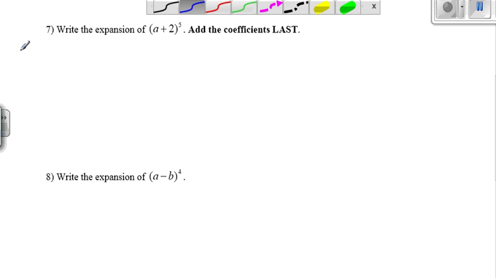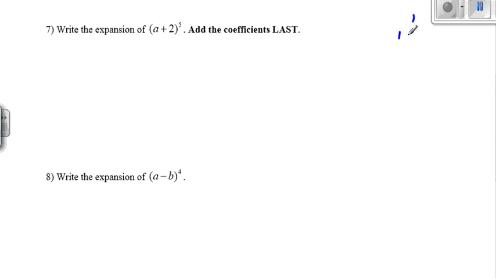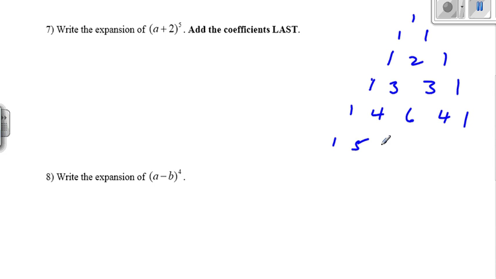We know by Pascal's triangle, which you could do this with, so it's 1, 1, 1, 1, 2, 1, 1, 3, 1, 1, 4, 6, 4, 1, 1, 5, 10, 10, 5, 1, and it's going to keep going. So that's one way of handling the coefficients.